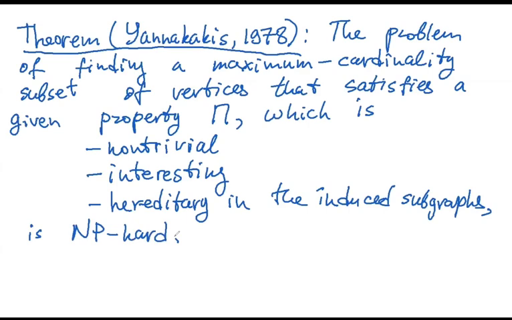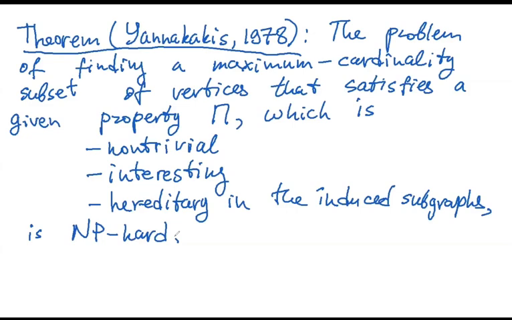Okay, so this theorem provides a pretty powerful tool for establishing the NP-hardness of many problems that satisfy the hereditary property. So, for example, some of the problems that I gave you in the homework.